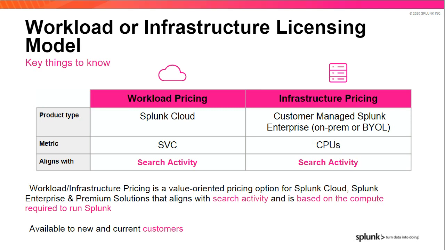An important note, we often use workload pricing as a general overarching term that encompasses both workload pricing, our pricing model name for cloud customers, and infrastructure pricing, our model for on-premise and bring your own license customers. While the exact metric for each slightly differs, with workload pricing using SVCs, Splunk Virtual Compute, and infrastructure pricing using CPUs, they both align with search activity and are compute-based.